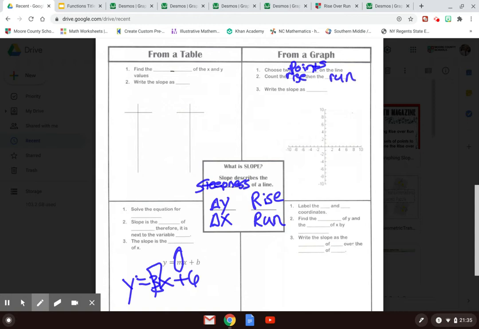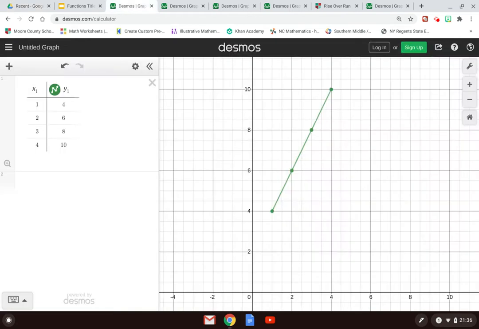Okay? And then you're going to write slope as a ratio, because that's what slope is. It is a ratio of rise over run. Okay? So let's look at a few examples of how we do this to reemphasize what was already seen yesterday.